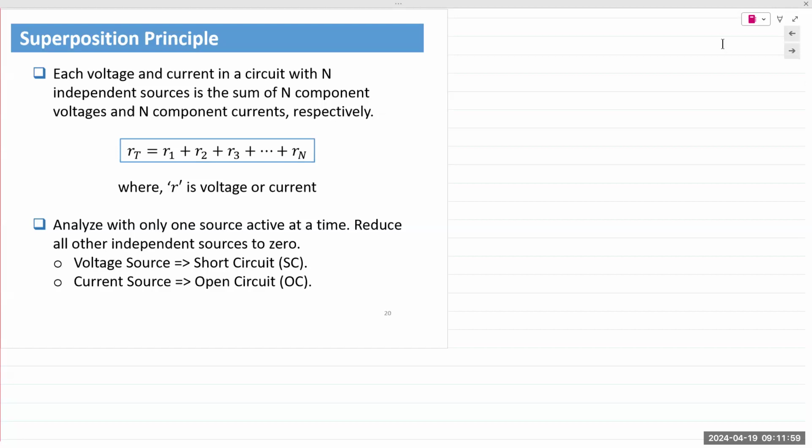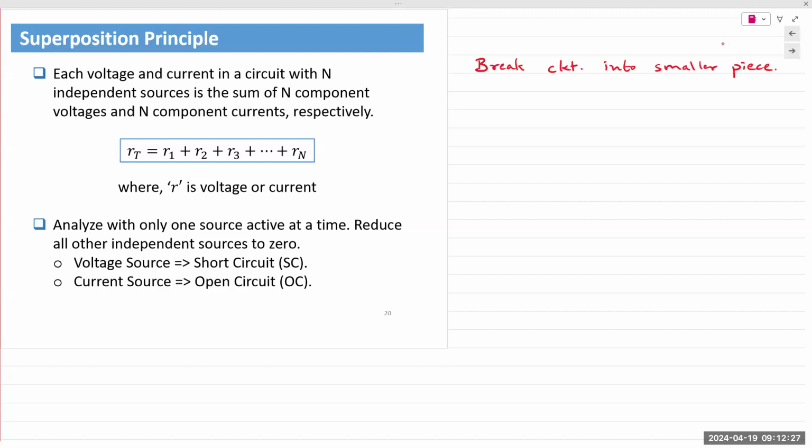But the point is that if it's a complex circuit, we can simplify our analysis by breaking up the circuit into smaller parts. So break the circuit into smaller pieces. And when we say piece, it refers to the source. Okay, it refers to the source.